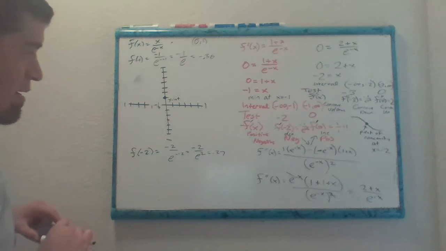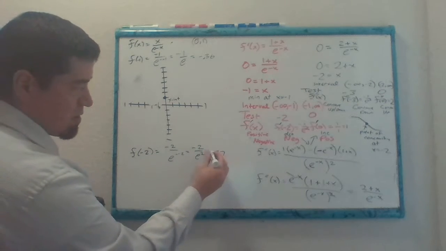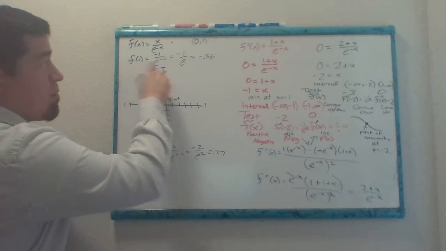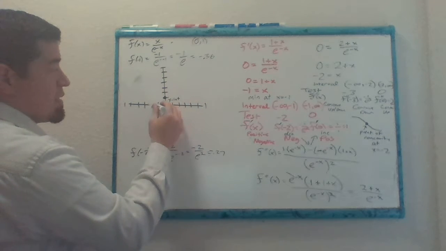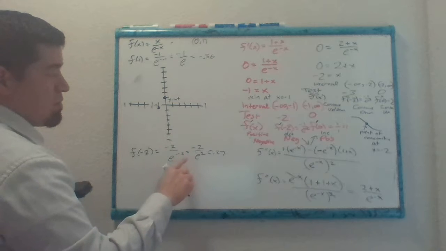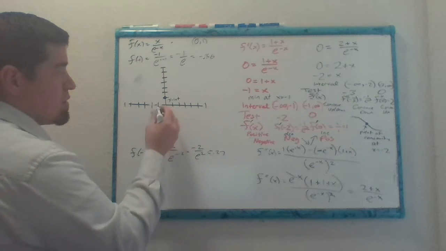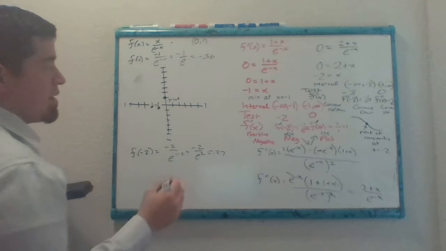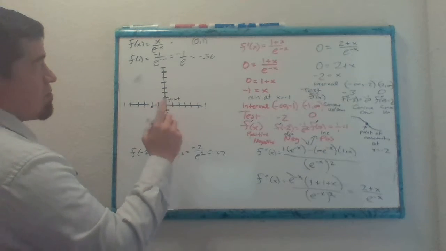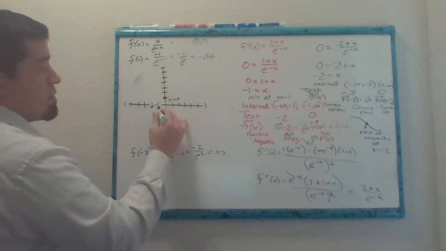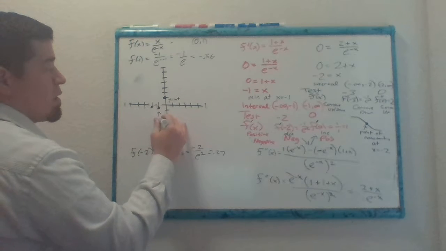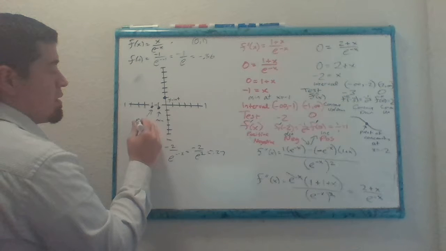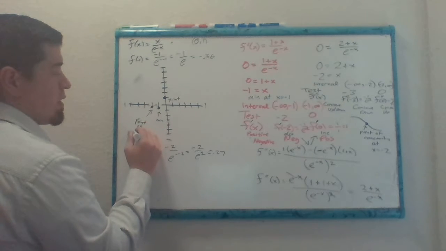And then this obviously as well would be negative. So this is the coordinate -1, -0.36, and then this would be the coordinate -2, -0.27. So about closer and closer to that. Okay, and then just to reiterate, this one is supposed to be the minimum, and then this one's supposed to be our point of inflection.